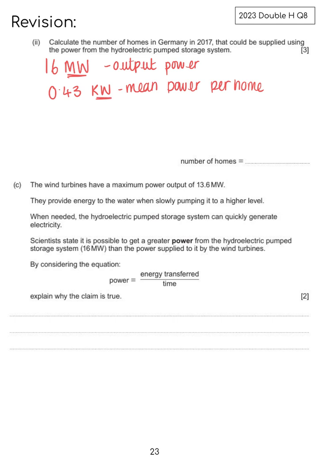So I think the easiest thing to do is to convert both of them just into watts. So megawatts is times 10 to the 6, and kilowatts is times 10 to the 3. And you can just write it like this and put it in your calculator like this. So if we work out the overall power, divide it by the amount of power used per home, we will get the number of homes used, and it's 37,209 homes.